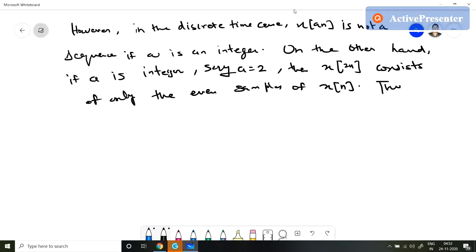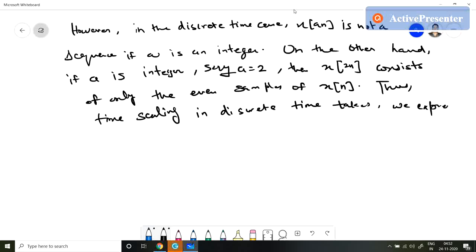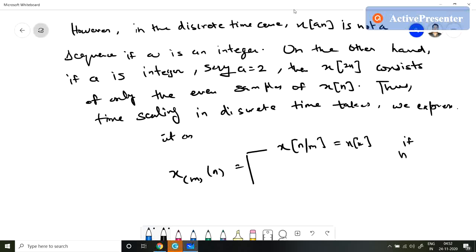Thus, time scaling in discrete time takes a somewhat different form as compared to the continuous case, and we express it as x subscript m of n, that is, x(n/m), equal to x(k) if n is equal to km, where k is an integer, and it is equal to 0 if n is not equal to km.